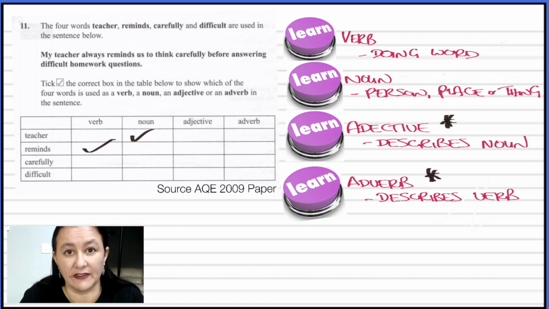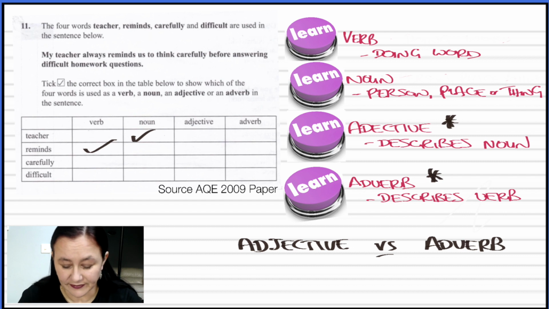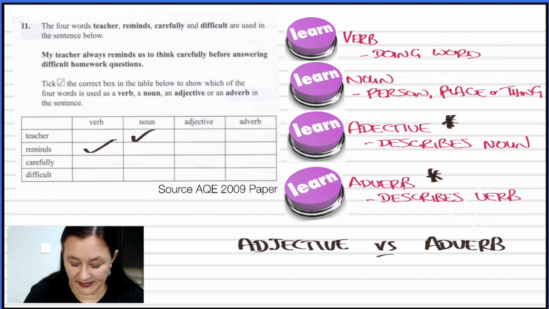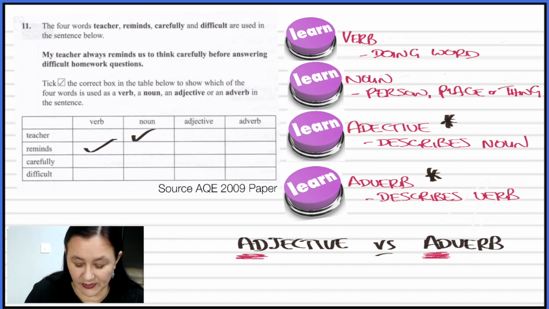Seems straightforward enough. But if a child is sitting there struggling, thinking, how am I going to remember it? Is that the one that describes the verb, or is that the one that describes the noun? I think if you just look at the 2 words, adjective versus adverb, the ad is where the similarity lies.